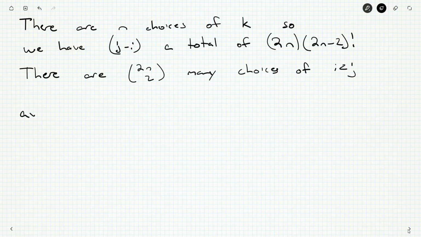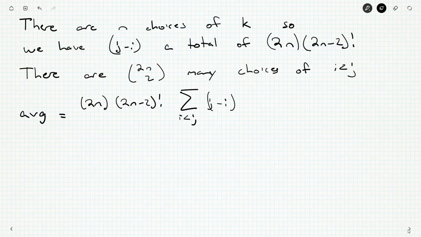So my average currently as a formula is there's 2n times (2n minus 2) factorial times the sum of all these i less than j's, j minus i's, all over (2n) factorial.